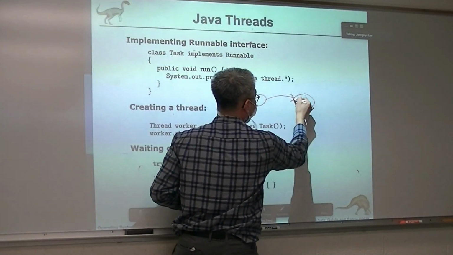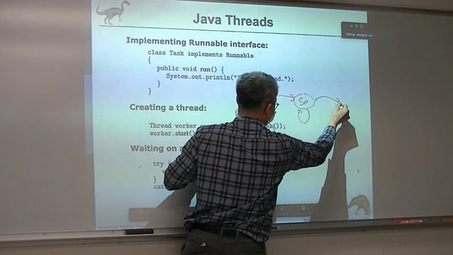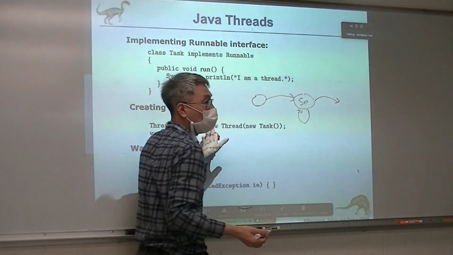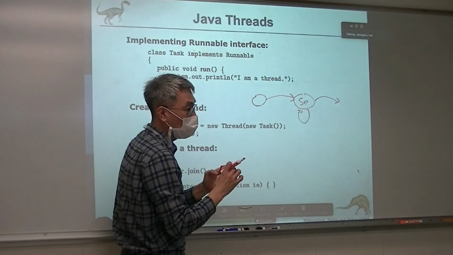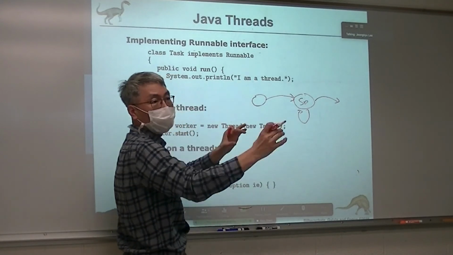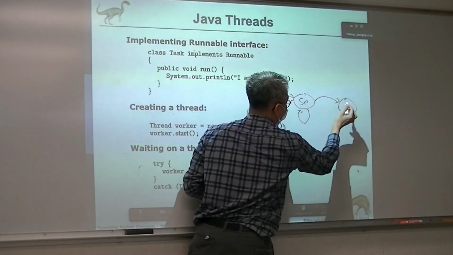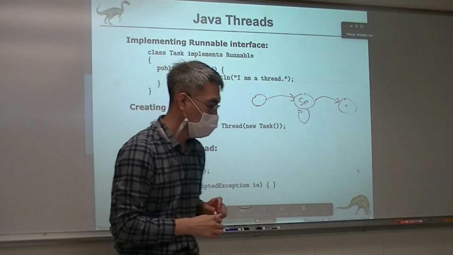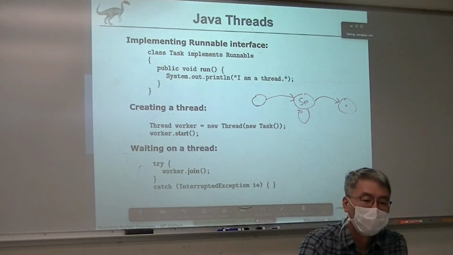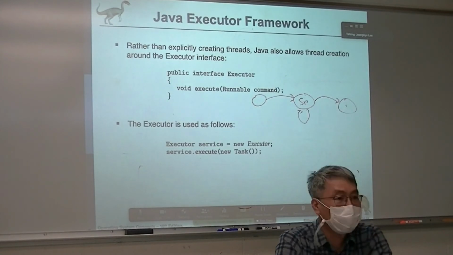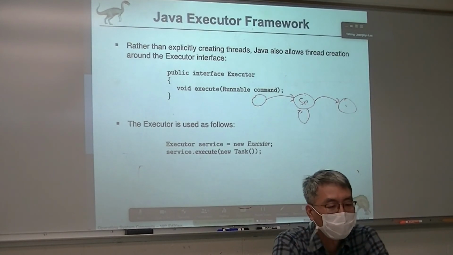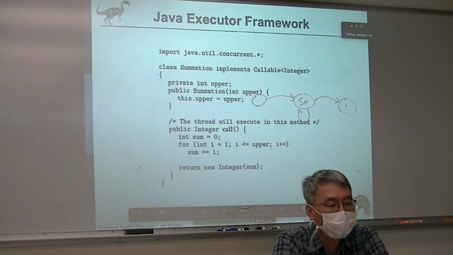When the new thread is allocated, the instantiation means creating the thread, which means inside your Java virtual machine the memory will be allocated. Then finally it executes, and the Java thread will be running.